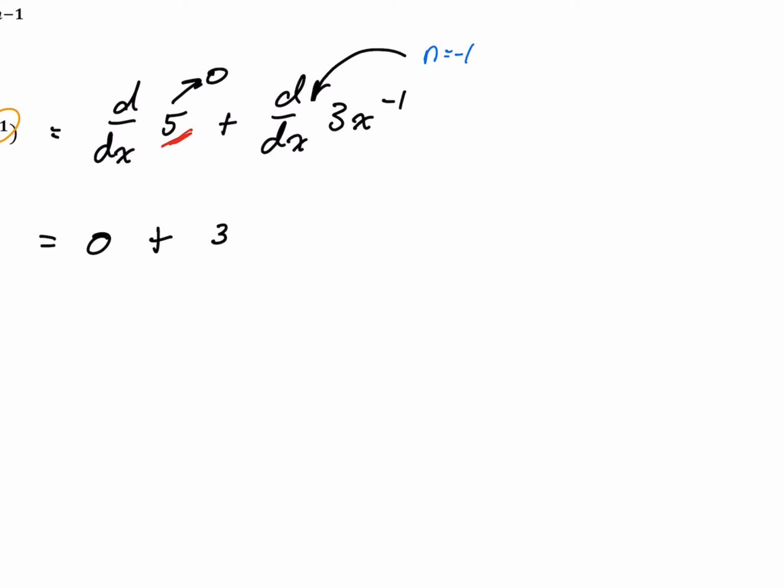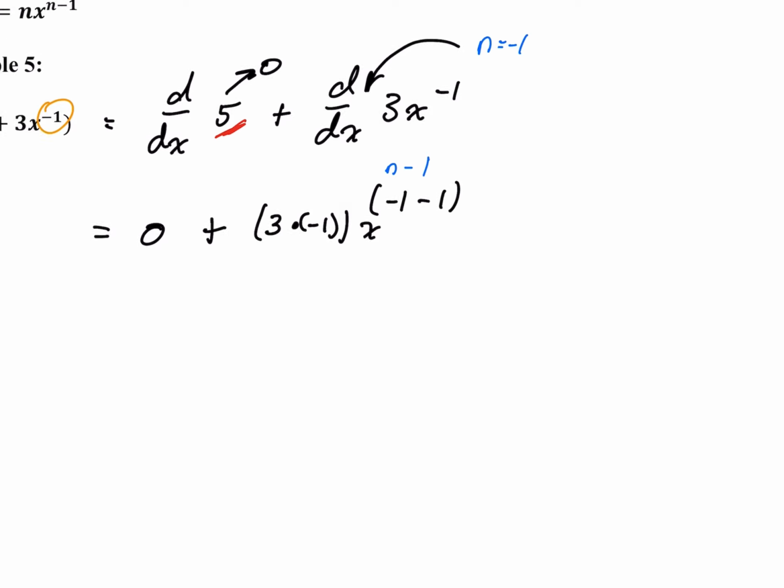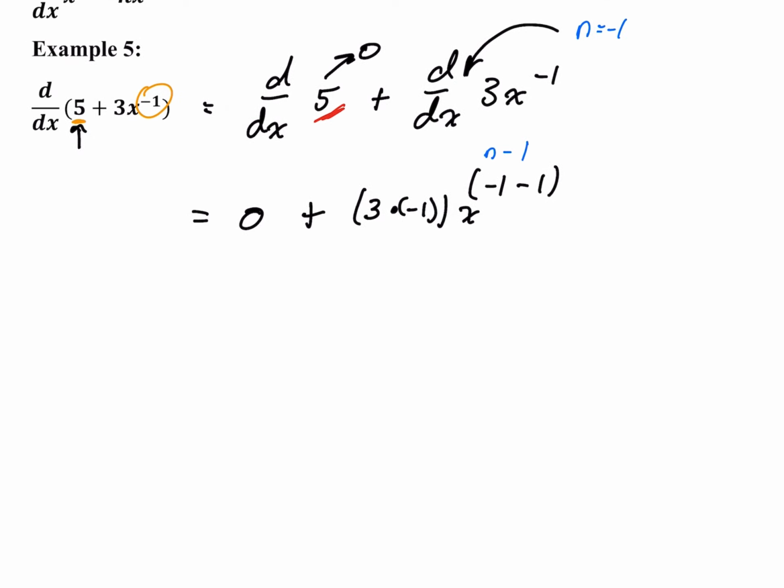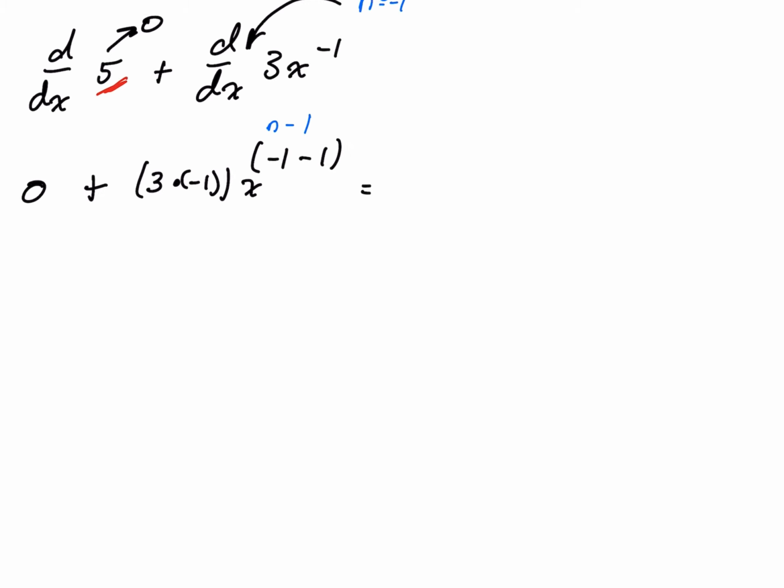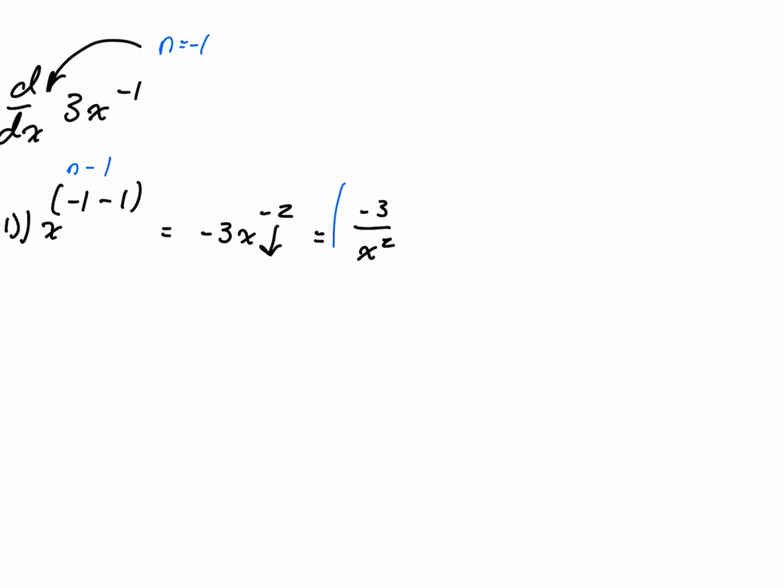So we're going to get 3 times negative 1, x to the negative 1 minus 1. And up here, once again, we have our n minus 1 term. Multiply this out, and you get negative 3x to the negative 2. Drop this down to make it positive. So we're going to get negative 3 over x squared as our derivative.